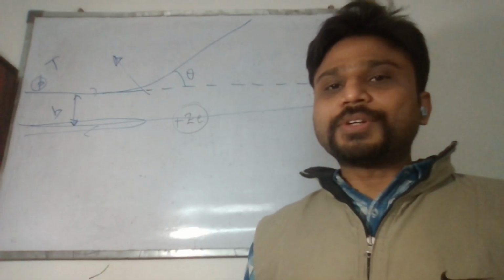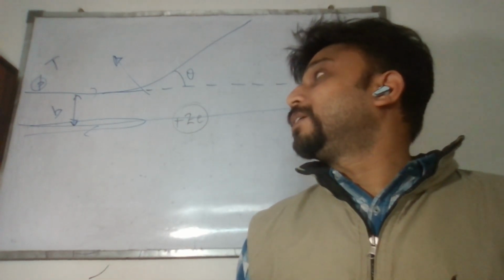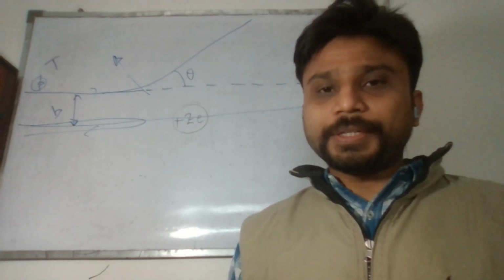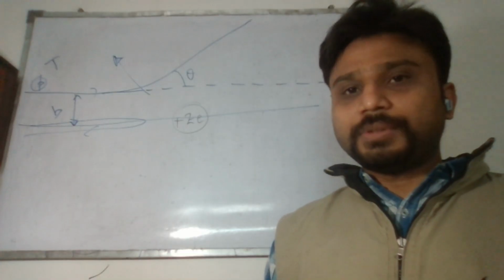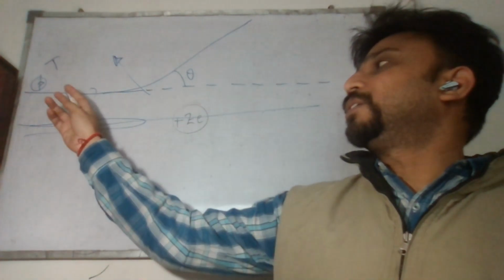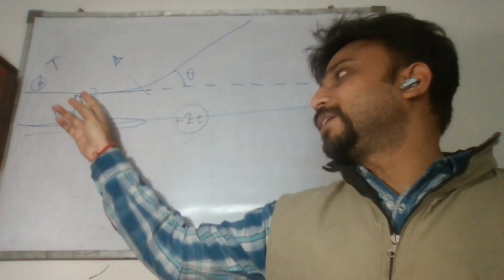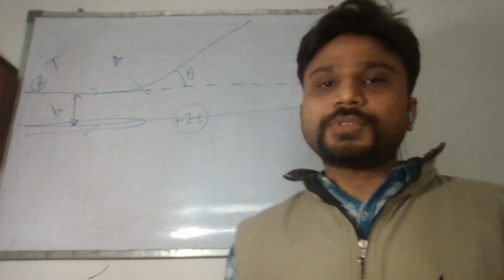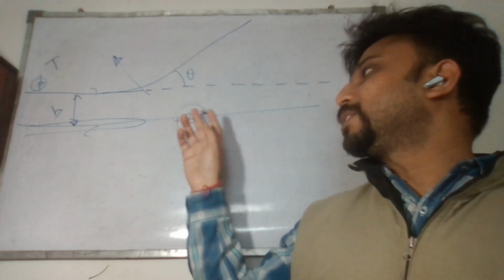It is a one-of-a-kind formula in which we can directly calculate the deflection of a particle on the basis of its kinetic energy, the impact parameter, that is this distance b, and the charge on the gold nucleus or whatever this particle is.